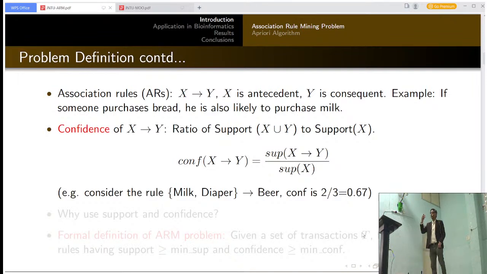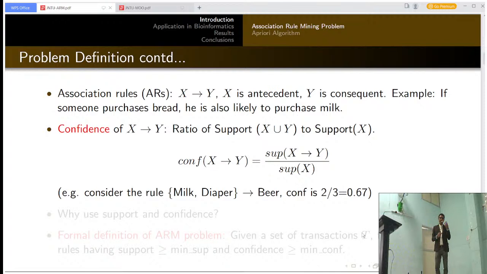When we are extracting rules from the transaction data sets, which kind of rules will we try to extract? Which rules will be considered important? The rules having high support and high confidence. If you are going to take some decision based on these rules, you cannot take a decision based on a rule which is not very frequent in the data set or not highly confident.